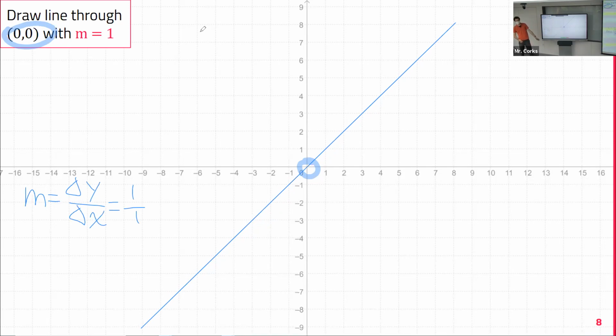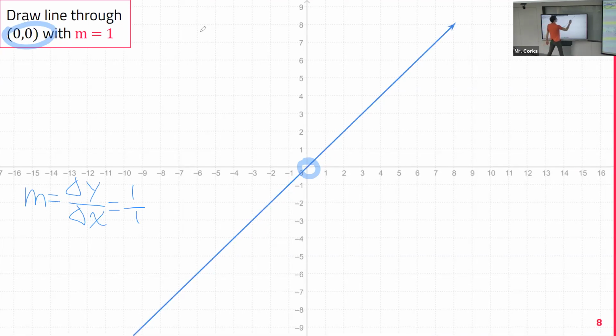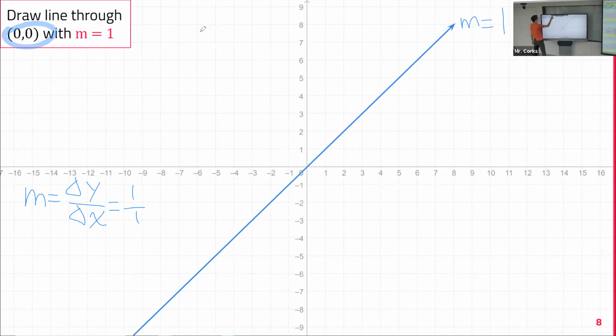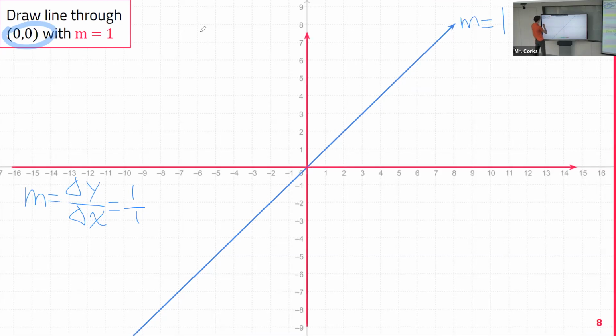That gives us this perfect 45-degree angle here. So m equals 1. Hopefully people are generally familiar with this one, but let's visualize some other ones as well.